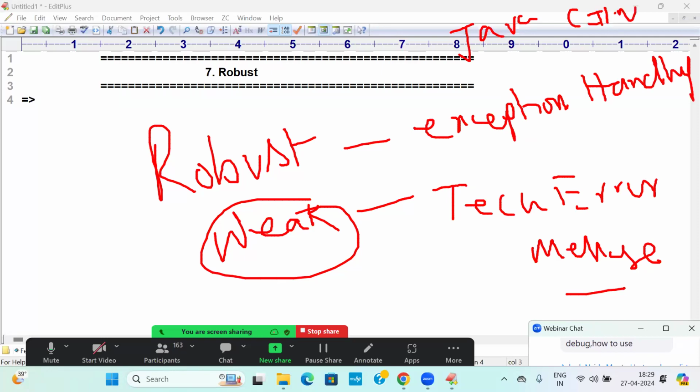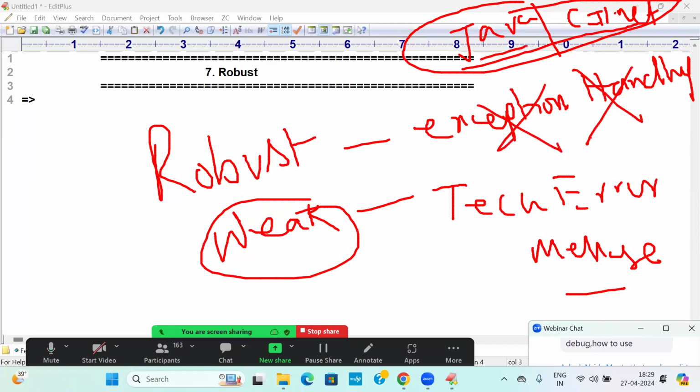In C#.NET also exception handling is there. In the majority of languages exception handling is there. But you take any student who learned Java or any other language, you ask a single question, they don't know. They don't know exception handling. They will learn Java, but if they don't learn exception handling, then there is no meaning to it. I hope you are following, students.